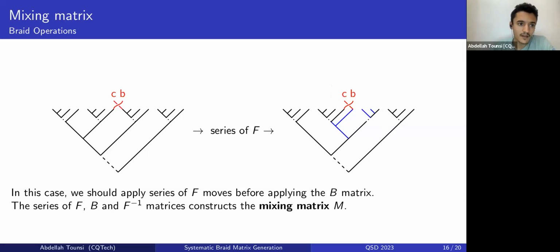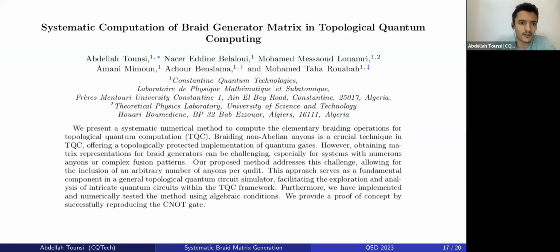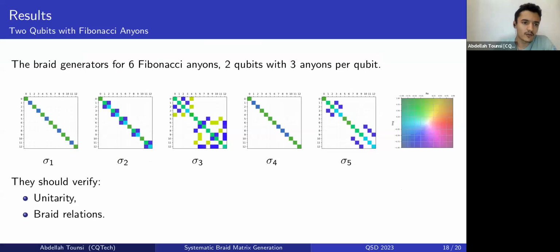This gradient matrix and mixing matrix give us a simple way to make numerical computation of such gradient generators. This is our draft that will be published on arXiv as soon as possible, and it will include all of the technical details of these processes.